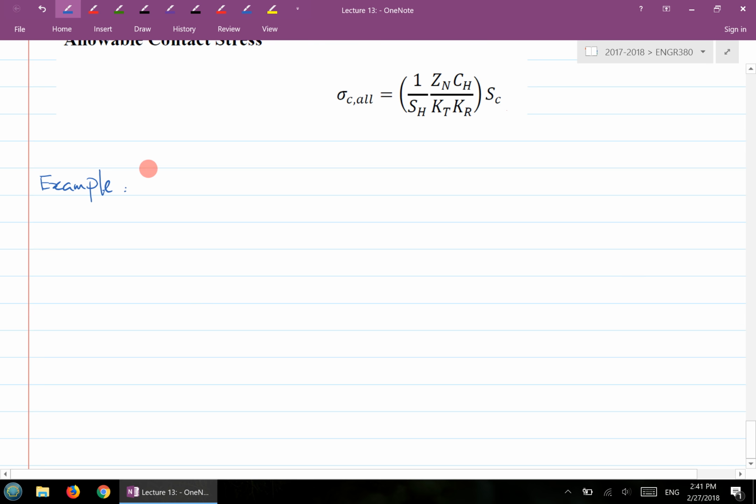For this example, let's call it the spur gear analysis. It's not quite a design problem; it's more of an analysis type of question.